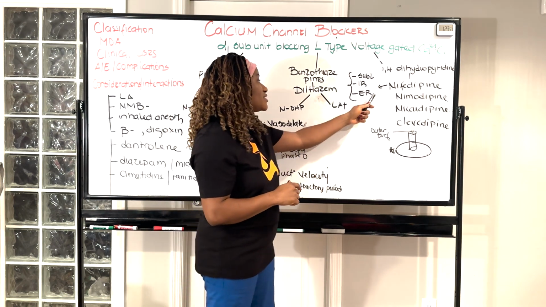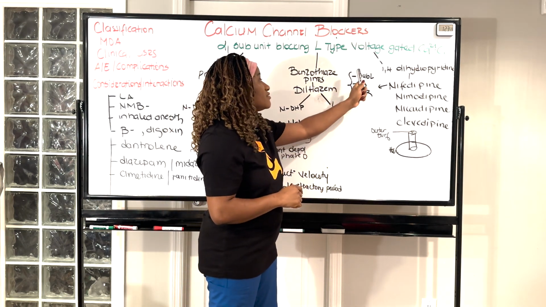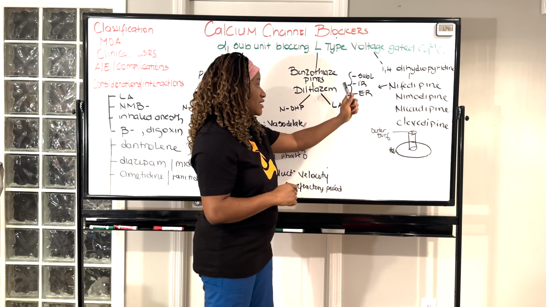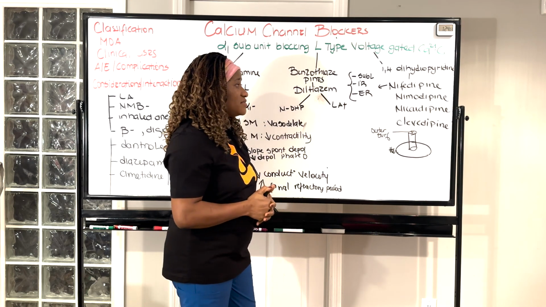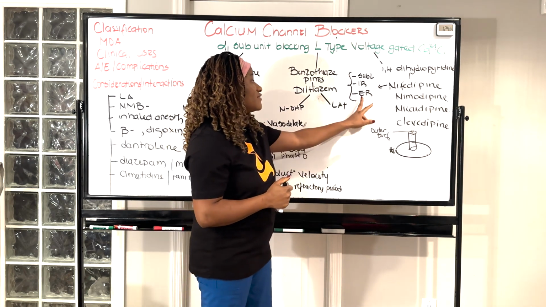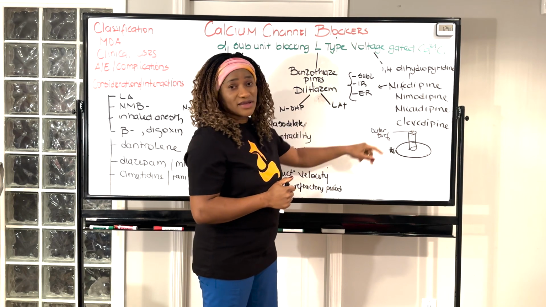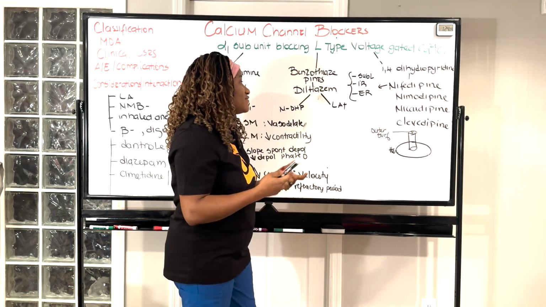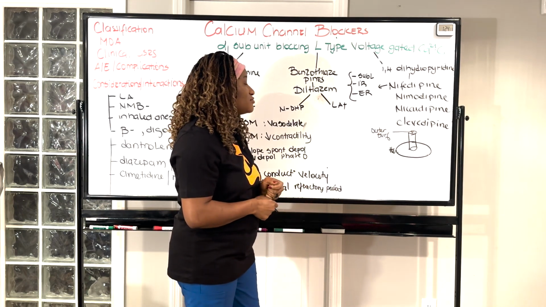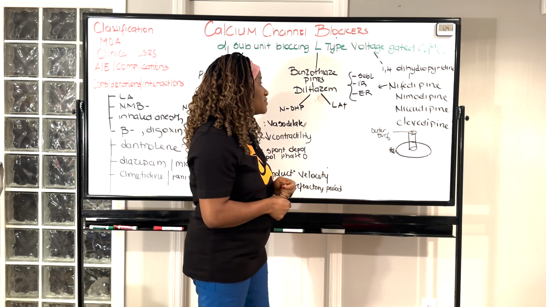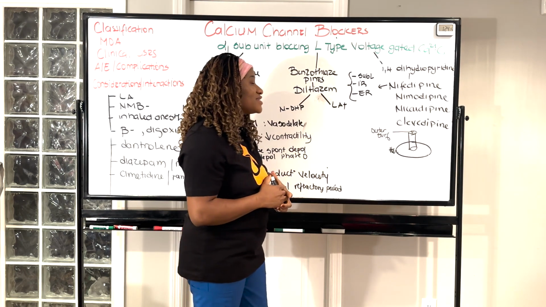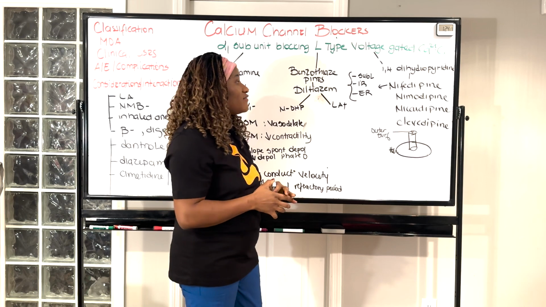So you never want to give nifedipine sublingual or immediate release, but you can give extended release. That's fine. So nifedipine is also used for hypertension, but because of this side effect, people kind of go away from it.